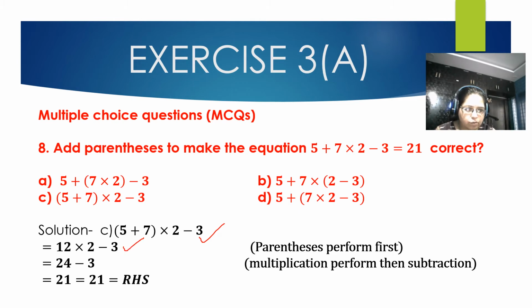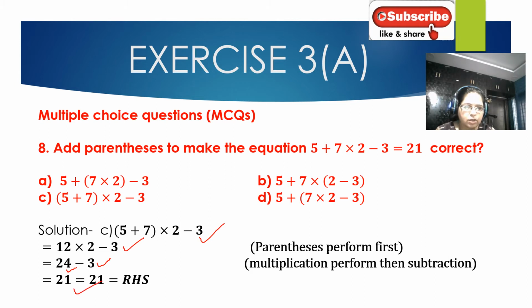According to the BODMAS rule, first the multiplication operation will be performed, as multiplication has higher priority than subtraction. So 12 multiplied by 2 is 24. Then 24 minus 3, the subtraction operation will be performed. So 24 minus 3 is 21, and 21 is equal to 21, that is the right hand side.